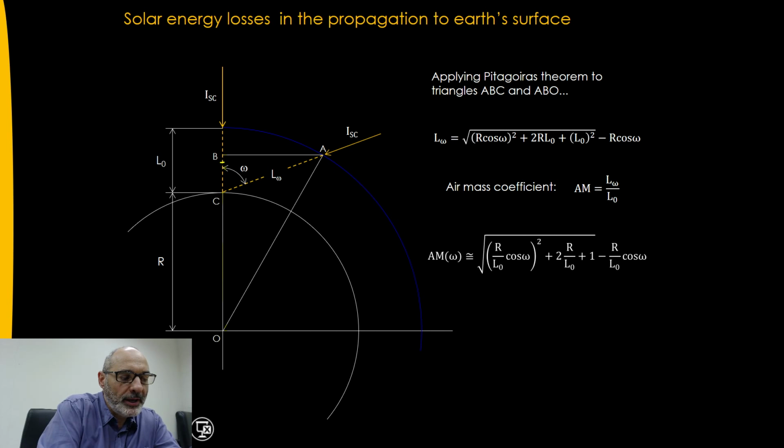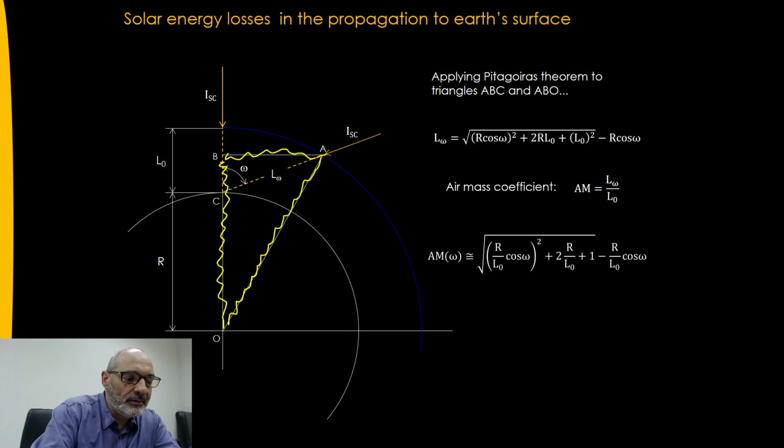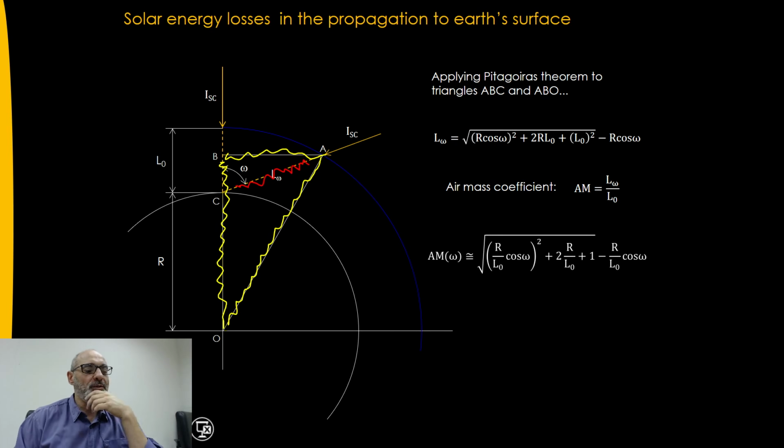And let's see, just to show you the triangle that I'm using, this triangle here. This is a right triangle, and it is divided by this line here, which is the actual optical path that I want to calculate.